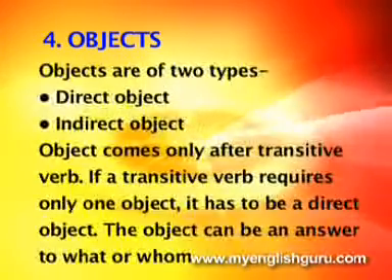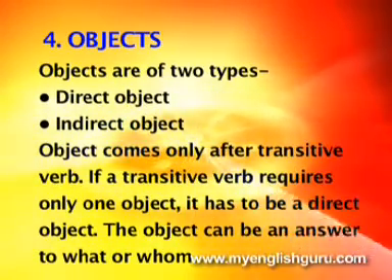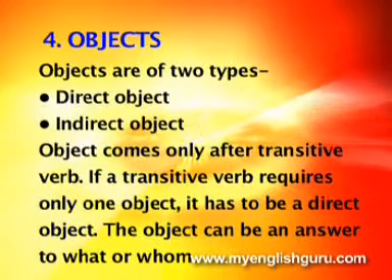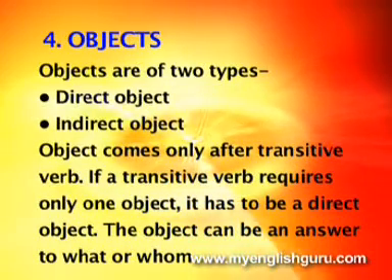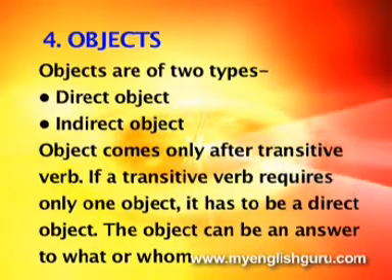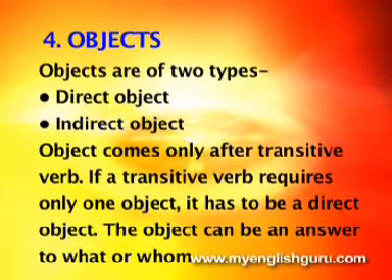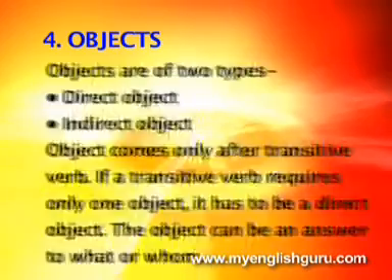4. Objects. Objects are of 2 types: direct object, indirect object. Object comes only after transitive verb. If a transitive verb requires only one object, it has to be a direct object. The object can be an answer to what or whom.